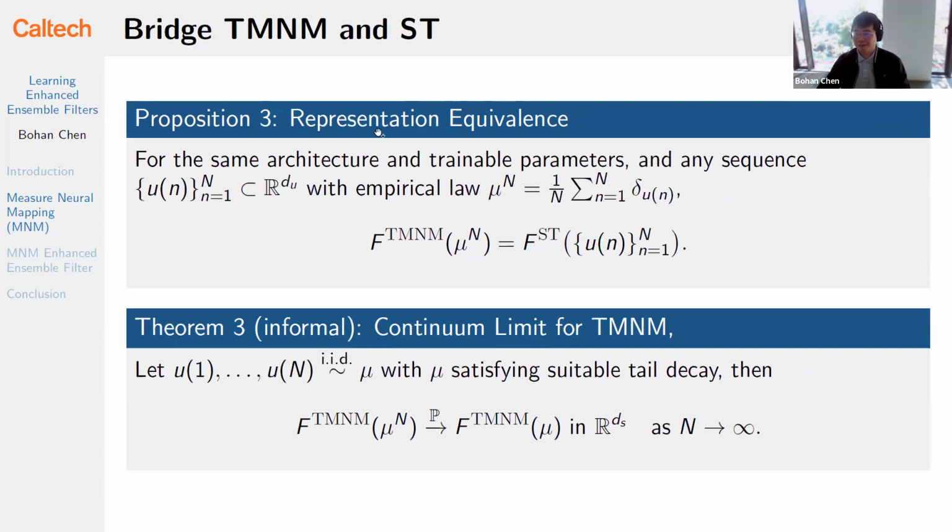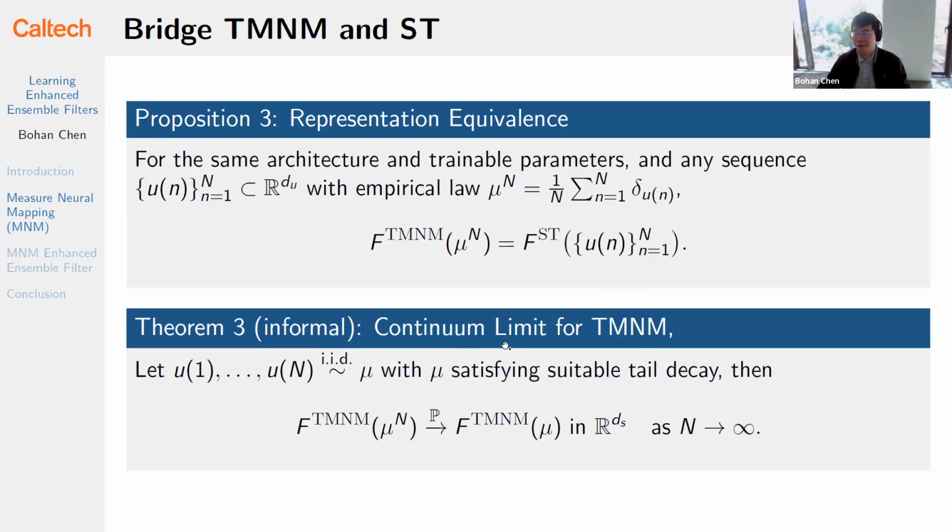The first one is that, in the Transformer Measure Neural Mapping design, the input is the empirical measure. It equals the Set Transformer with a sequence of these samples. These two are the same. And the second is the continuum limit.